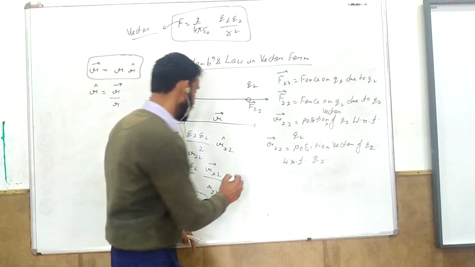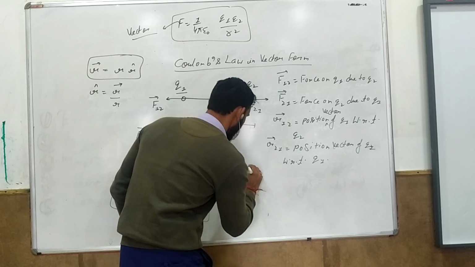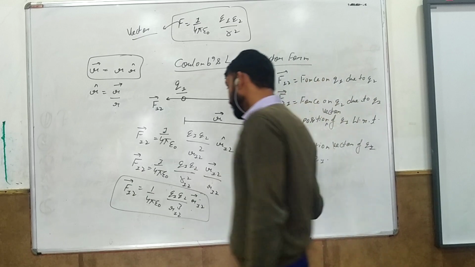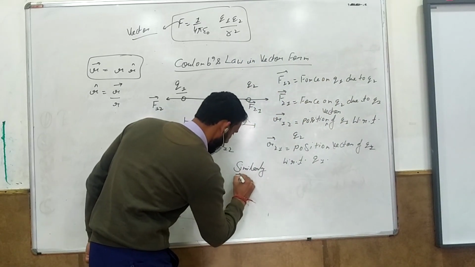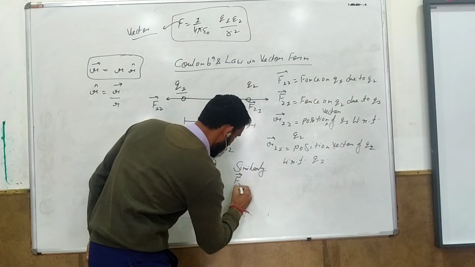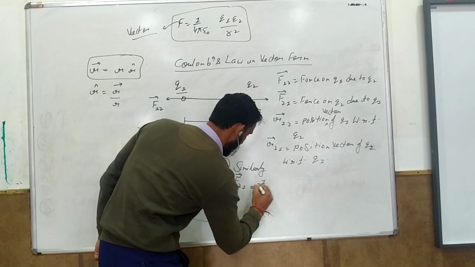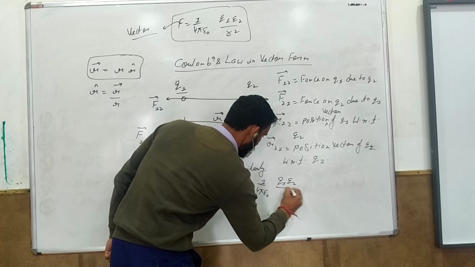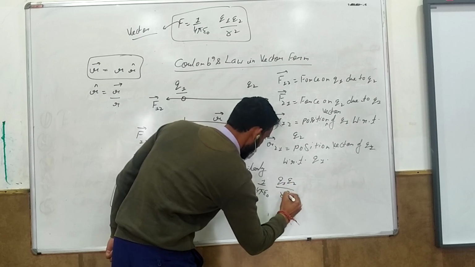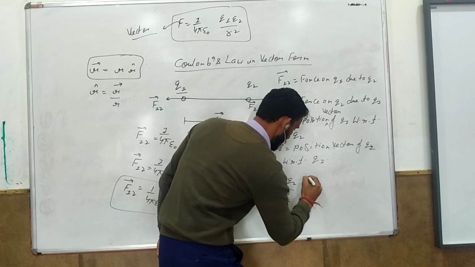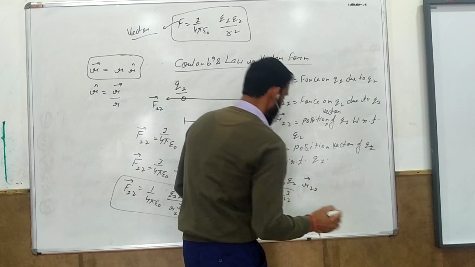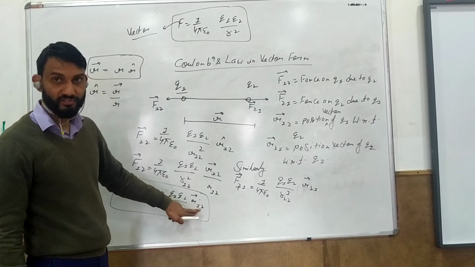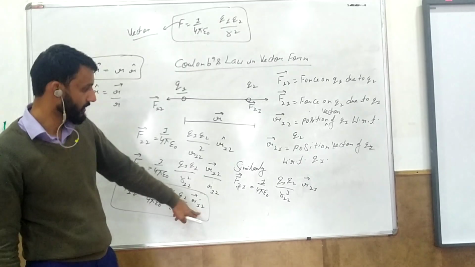If I write the same expression, similarly F21 is equal to 1 upon 4 pi epsilon naught Q1 Q2 upon R21 cube, and then this will be R21.